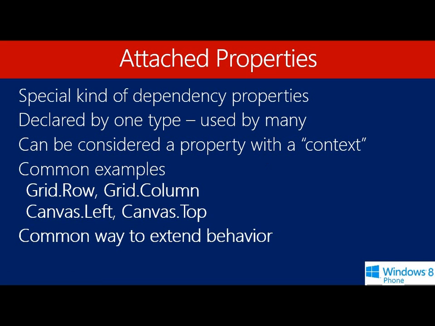So this is an attached property which only has meaning if that element is inside the Grid. If not, then there's really no meaning to using these properties, but they don't cause any harm because they simply are not interesting to anyone.